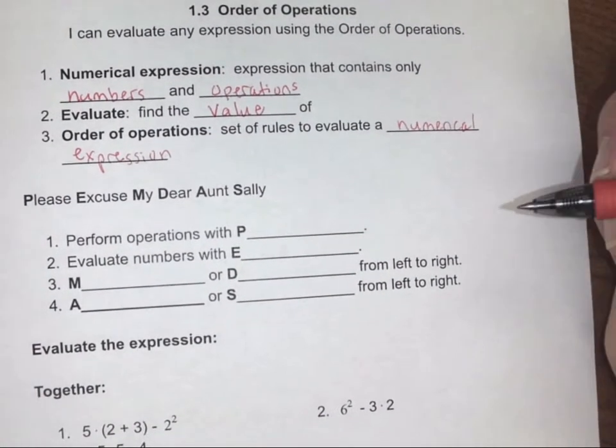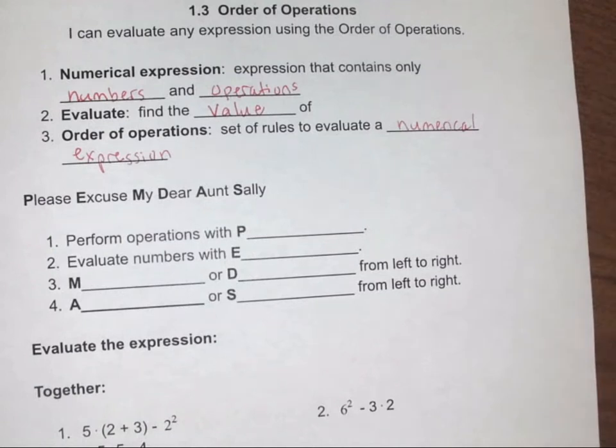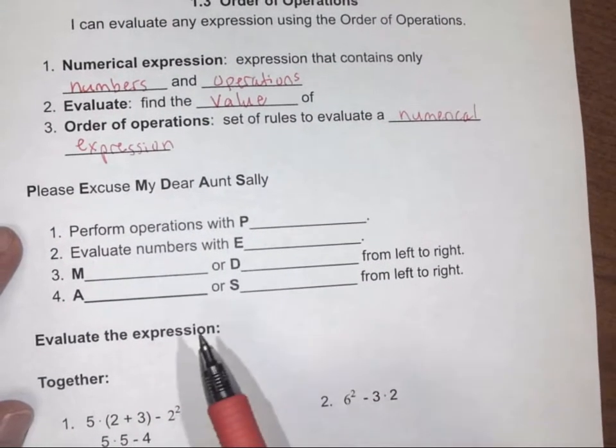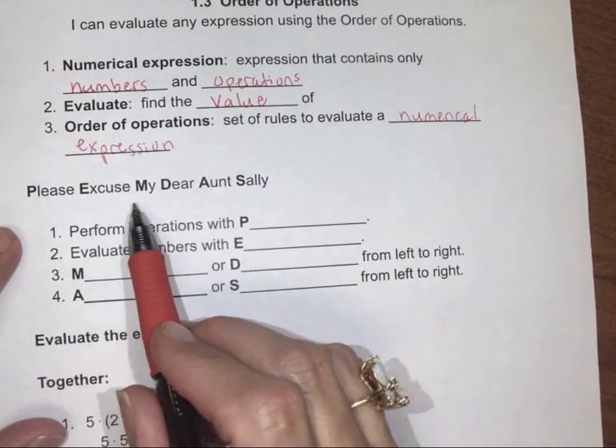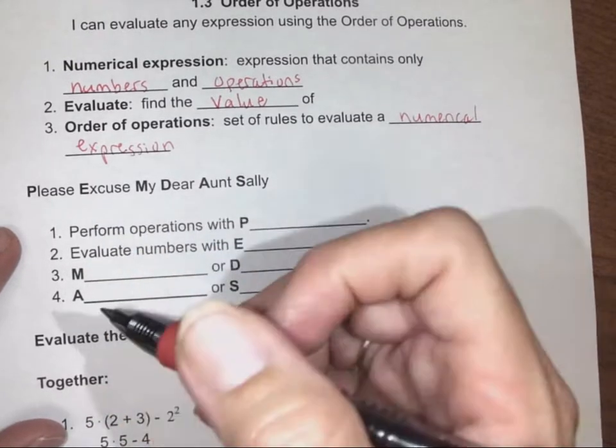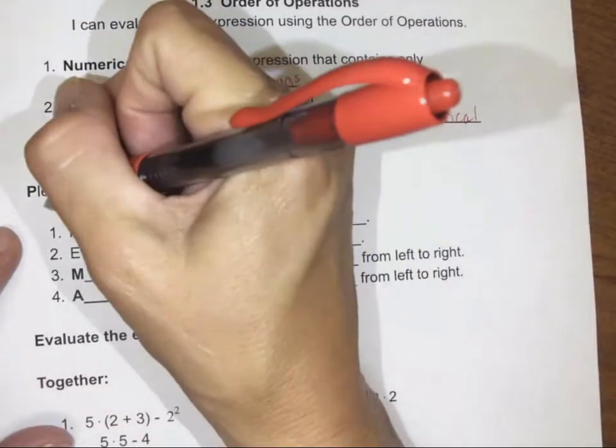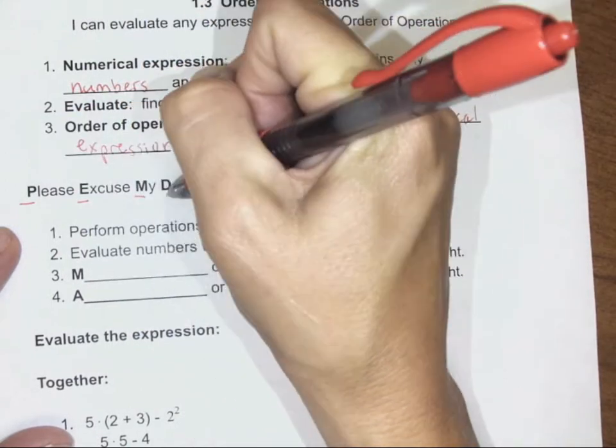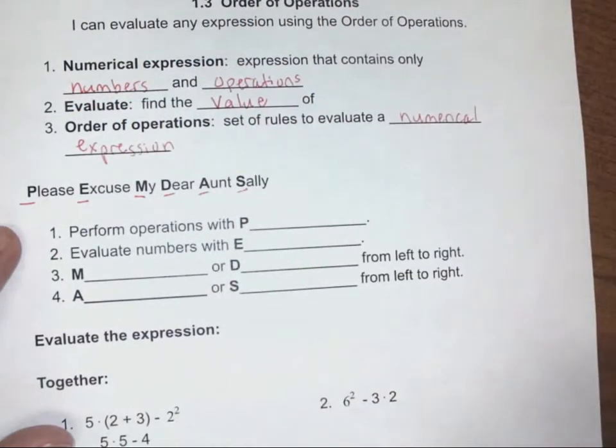It's a way to know what comes first in the order of operations, and it's please excuse my dear Aunt Sally. And you notice that the letters P, E, M, D, A, and S are all in bold print, and that's because each one of those letters stands for something in the order of operations.